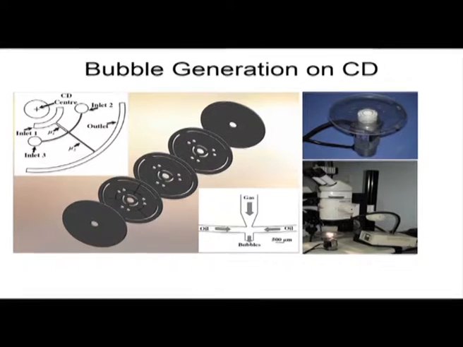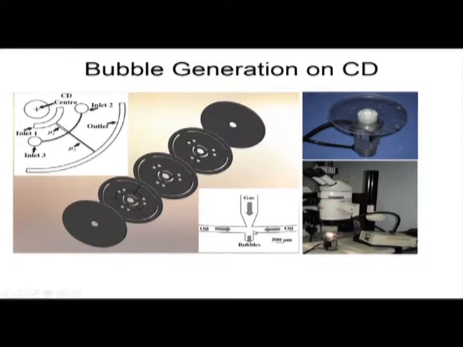The next research problem that I will discuss, and it is a very important problem, is how to generate bubbles on a CD. Bubbles and droplets are very important because you can do digital microfluidics with these, and there are whole lots of applications with droplets and bubbles. So you can see here that this is the typical design.